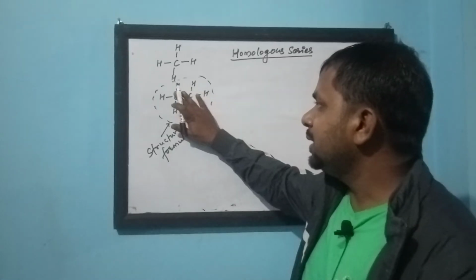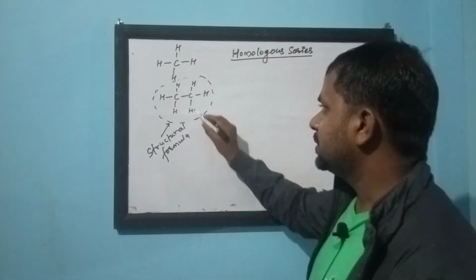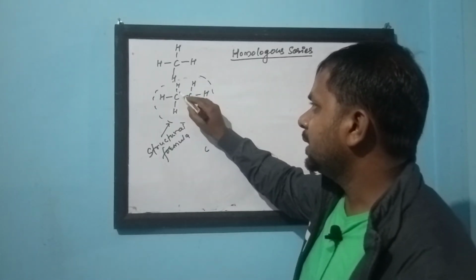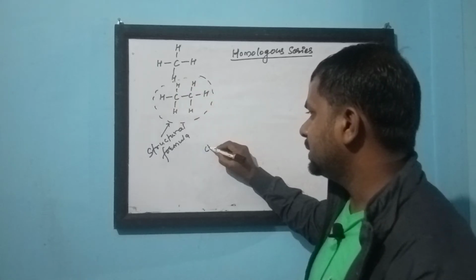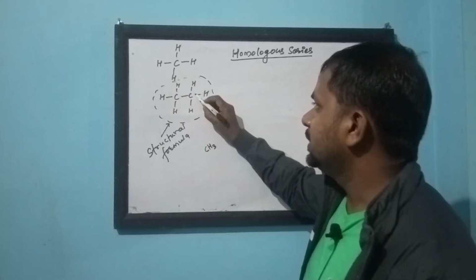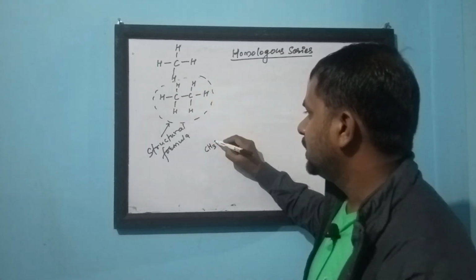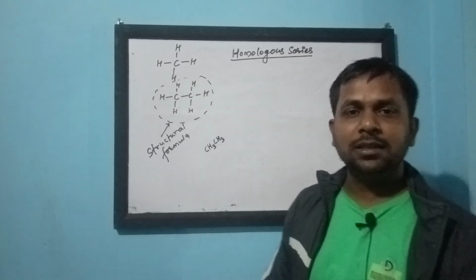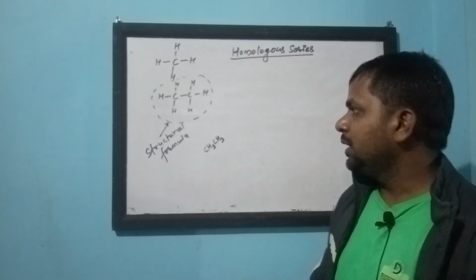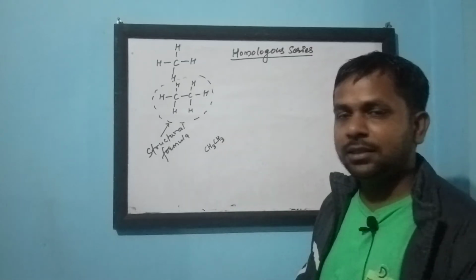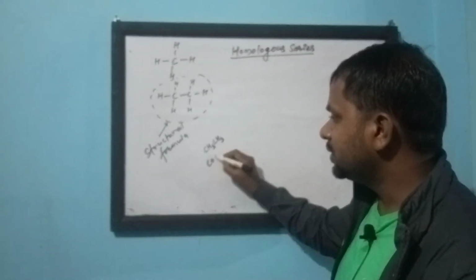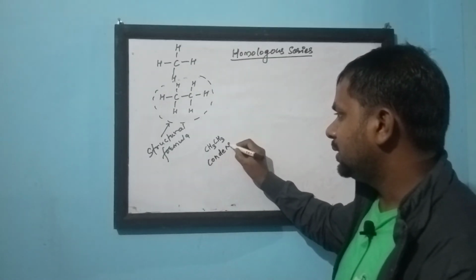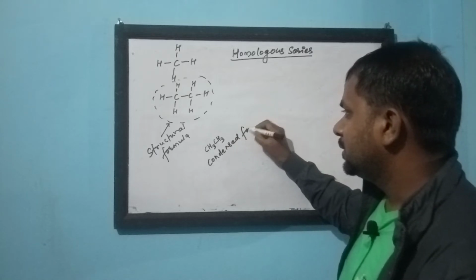When we represent this compound like this, suppose this carbon has 3 hydrogens, so we can write CH3. This carbon has 3 hydrogens, CH3. This compound can also be written like this, CH3, CH3. If we represent it like this, it becomes the condensed formula.